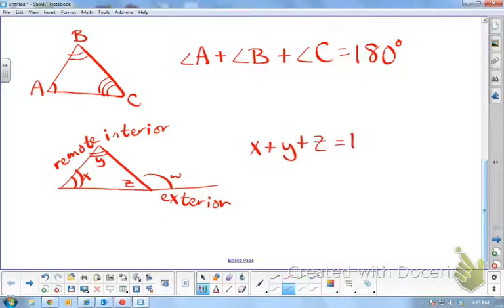We know that the three angles in the triangle add up to be 180 degrees. But we could also look at Z and W on their own. Here's angle Z, here's angle W, and we say, well, hey, those two angles are on a straight line. I also know Z plus W is 180 degrees.